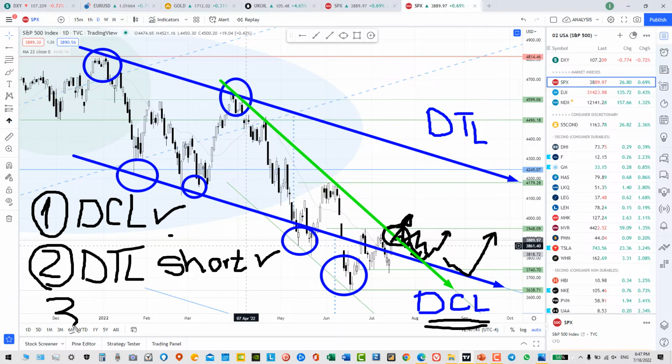The third condition, and I think it is the most important, is the ability of the index to break above the horizontal short-term resistance at around 3,950 points.